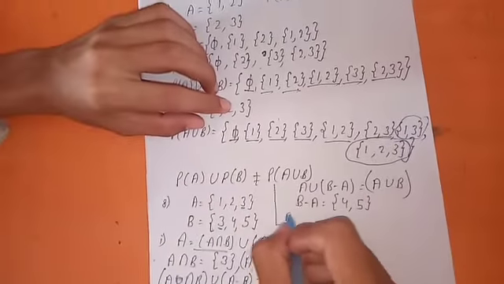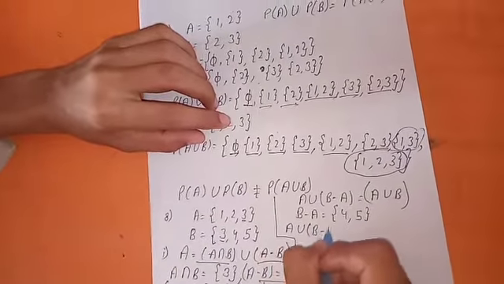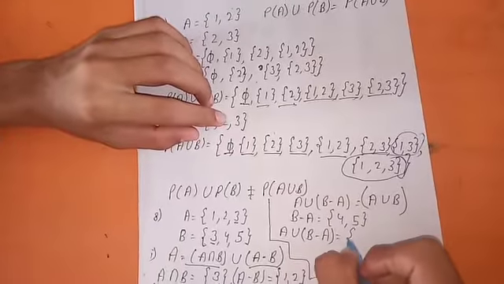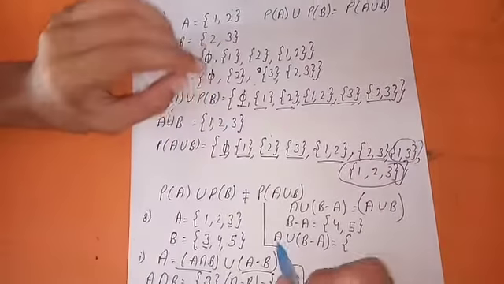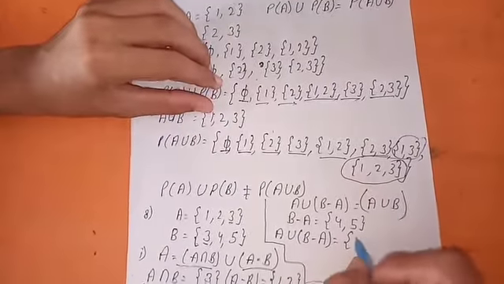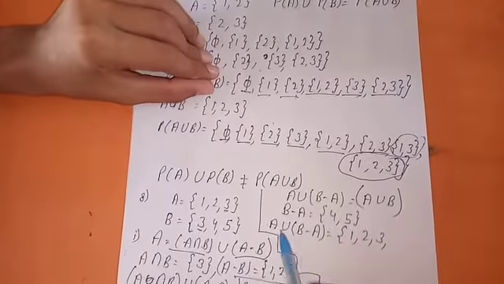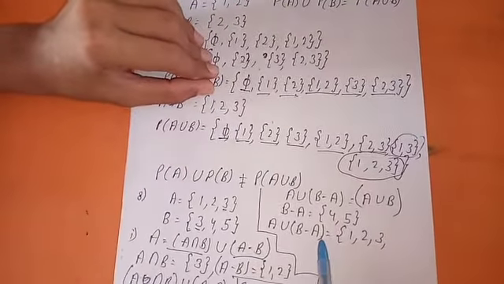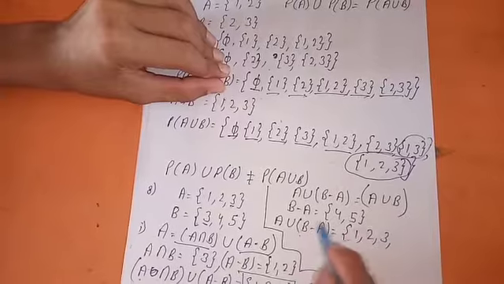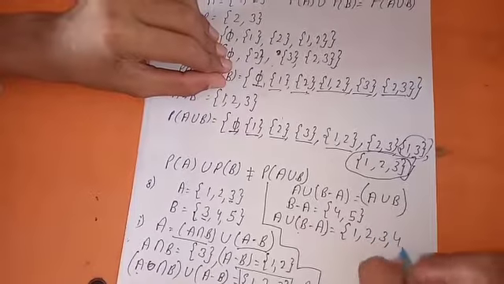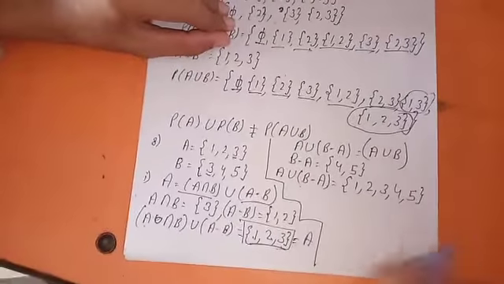Okay. Now A union B minus A is what? First of all we are going to write the elements of set A: 1, 2, 3. Now is there anything common between A and B minus A? No. And then all the elements of B minus A. So we got this.